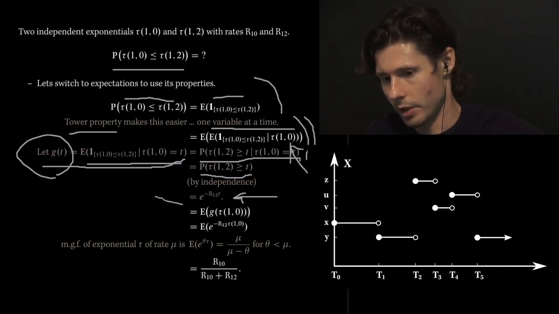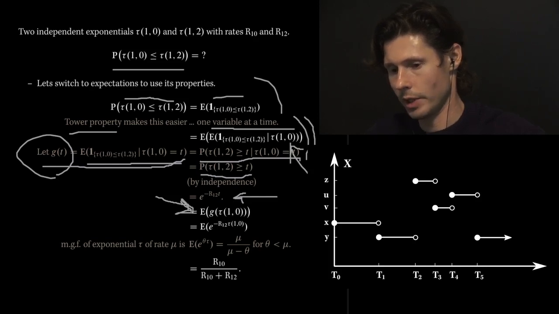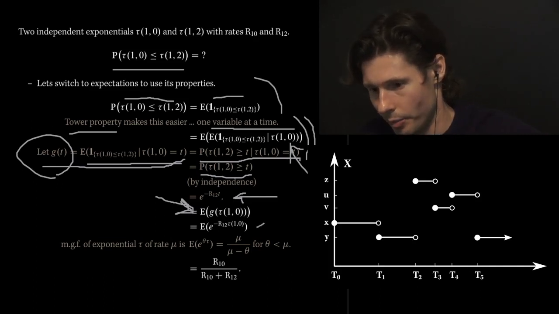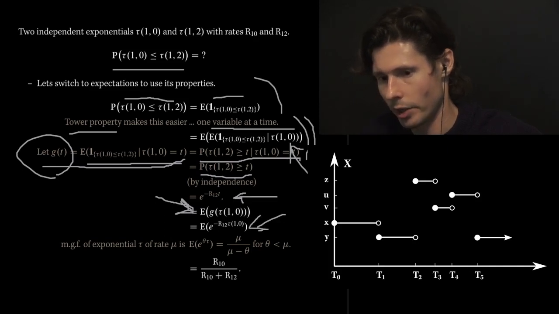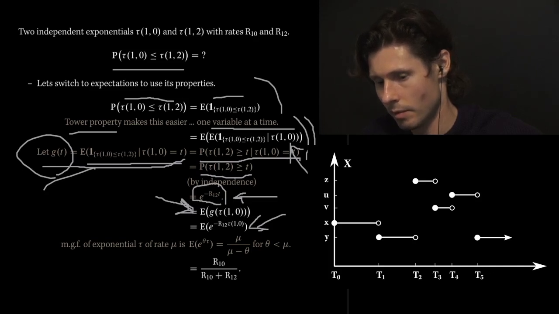This allows us to skip ahead to this equality right here. So I've written it in terms of g of tau 10, and I'm plugging in directly what that means in this step. I've already computed the function g to be this guy right here, and therefore I'm just going to plug it in, and what's left?